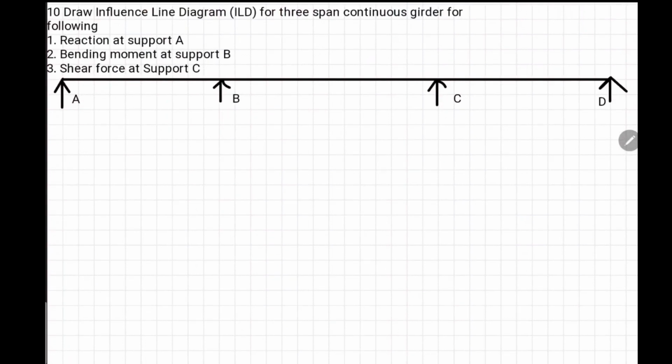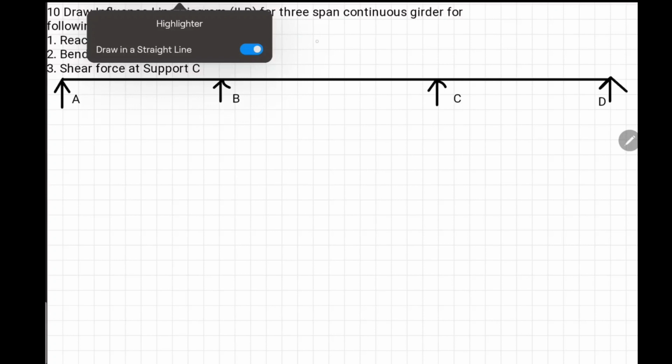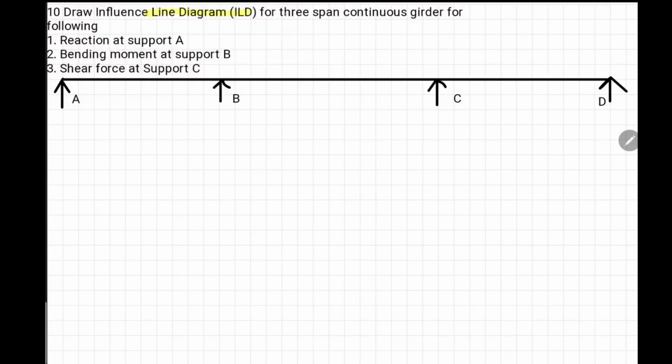Draw the influence line diagram, ILD, for a 3-span continuous girder bridge. So whenever we have an indeterminate structure, we use the Muller-Breslau principle for the influence line diagram.